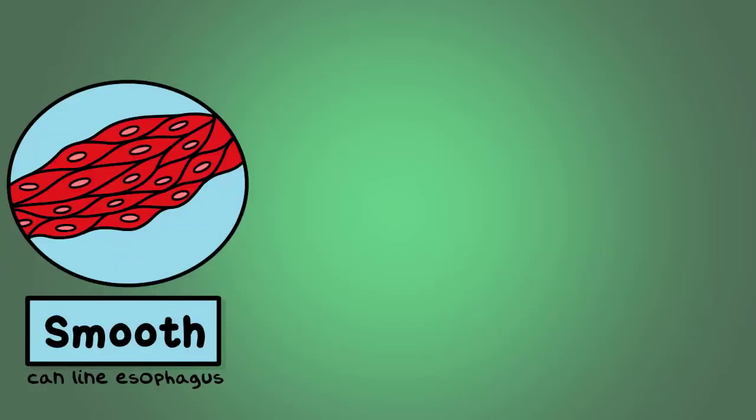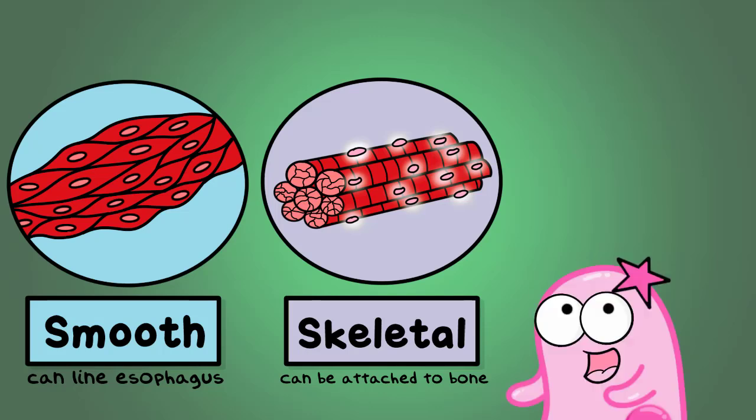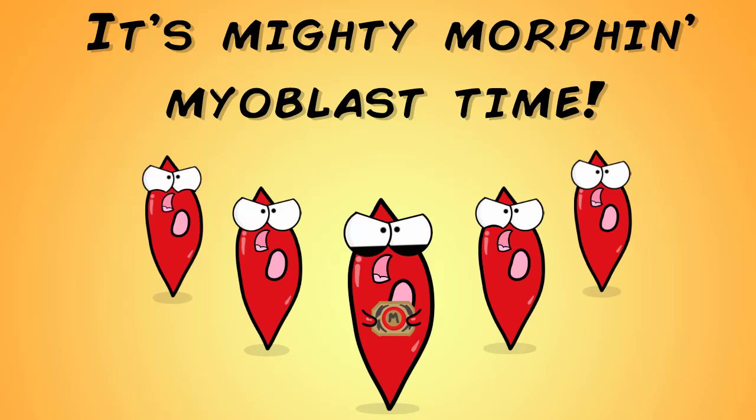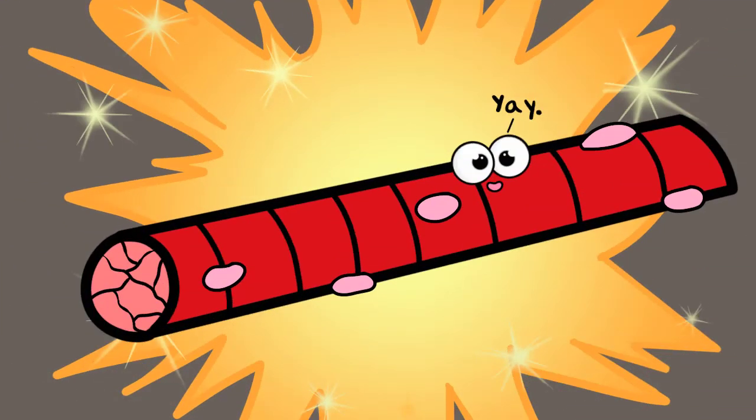Smooth muscle has a shape that kind of tapers at each end, often described as a spindle shape. Skeletal muscle cells are long and cylinder-shaped and often bundled. They can have a lot of nuclei too, which is definitely interesting. If you're curious about why, it has to do with the fact that these cells develop from myoblasts, which have fused together, so go to the Google to find out more.